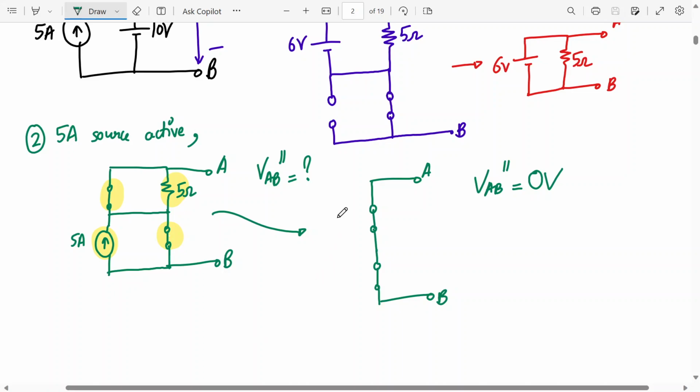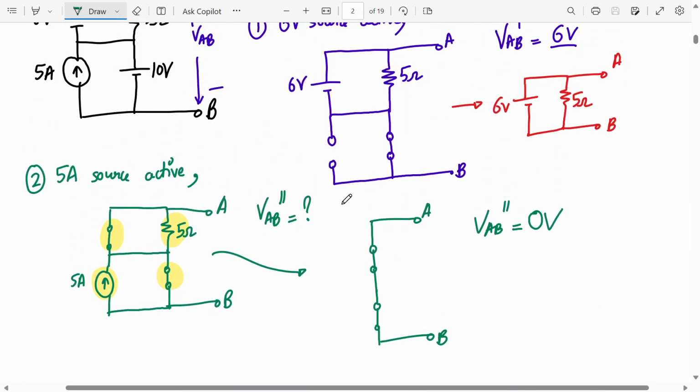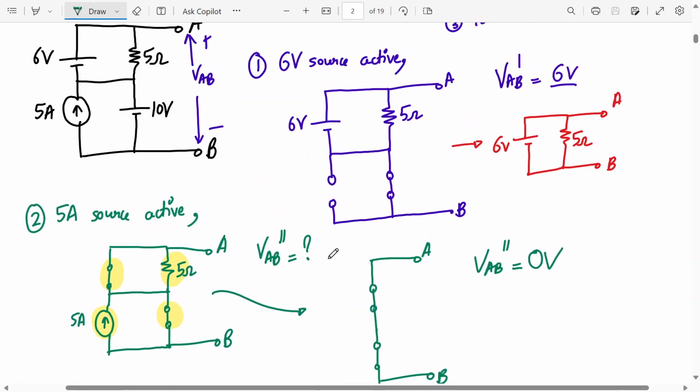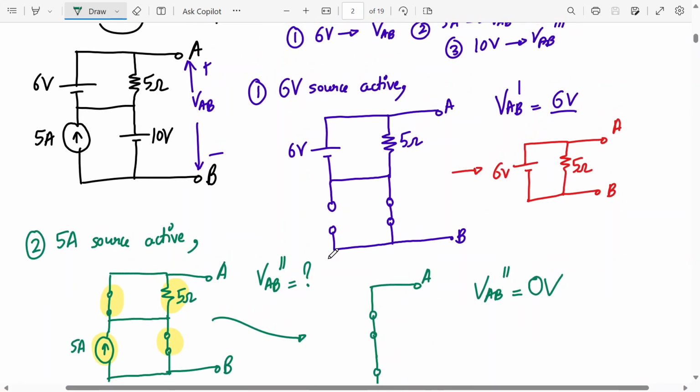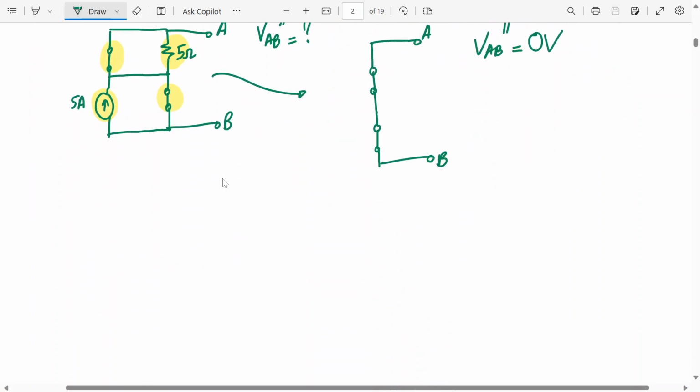Come on, tell me yes or no so that I can go next. Do you agree to this or do you have any questions? Yes, sir. Alright. Now let's consider the 10 volt voltage source alone. So let me draw it here. 10 volt source active.